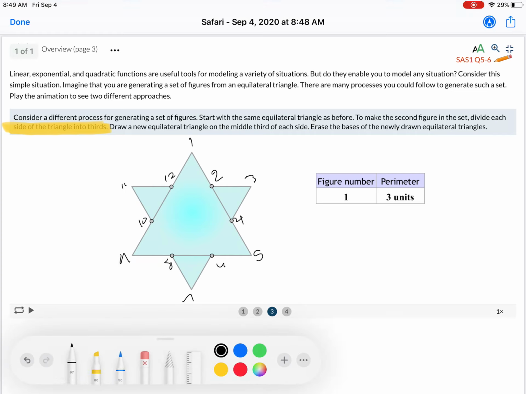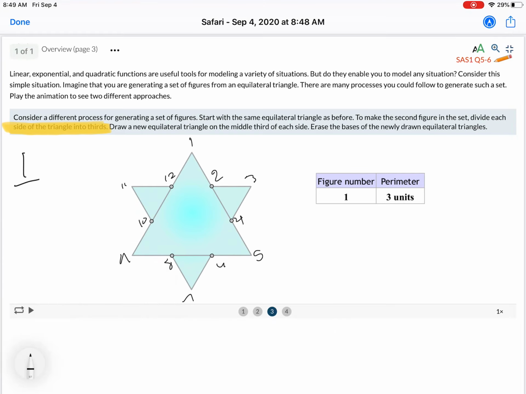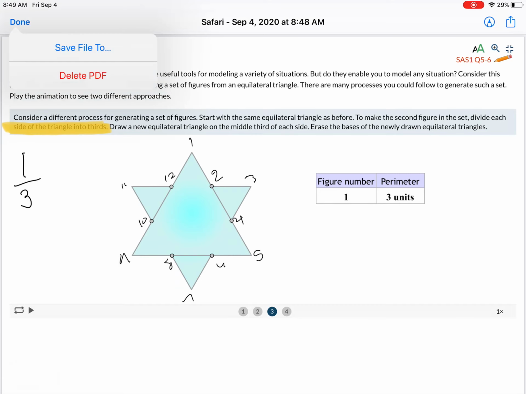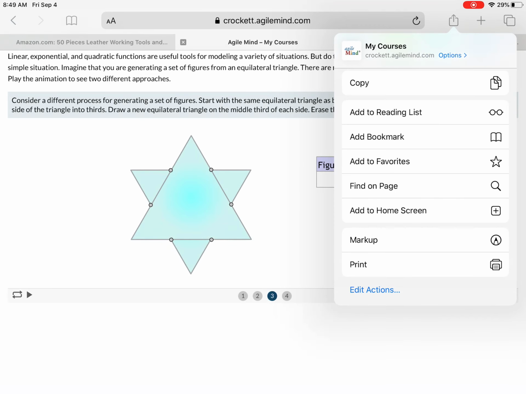Very important to know, okay? So I'm taking each triangle and going by thirds. So just this one time, we broke it into thirds, okay? So I am going to hit play.